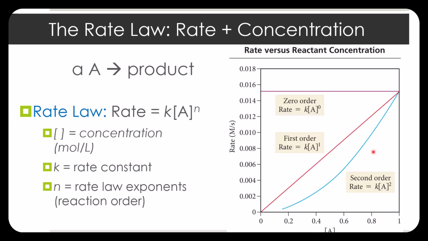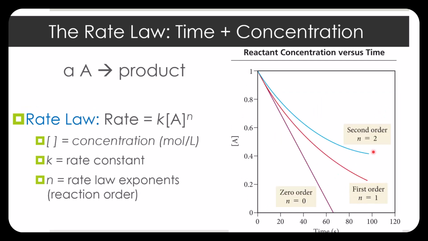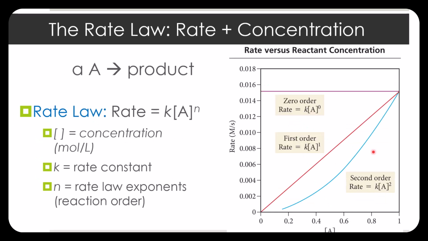Here's a graph that has all three of the graphs that we looked at individually. Now they're all together in one graph, so you have a visual picture of how rate depends on the concentration of A. We change the concentration of A, what happens to rate?